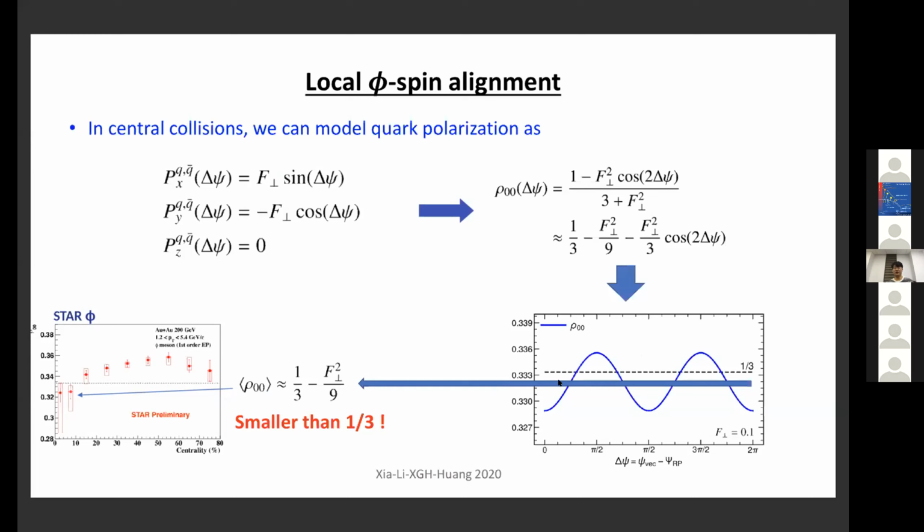This scenario can naturally explain why in the data for the central collision there is a rho 0,0 smaller than 1/3. And to test whether this is true in experiment, we need to measure the rho 0,0 as a function of the azimuthal angle. I really hope that the experimentalists could look at this quantity as a function of the azimuthal angle.